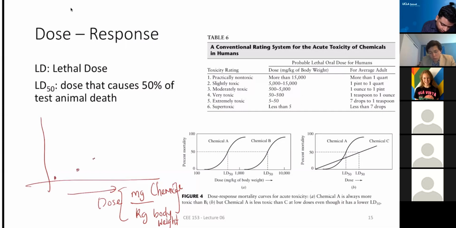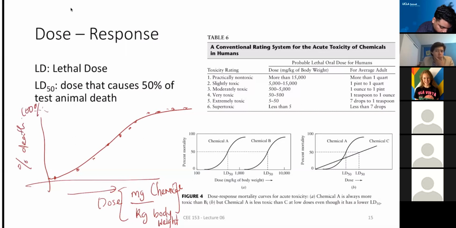As you increase the dose, a lot of times the percentage increases. After a point, even if you give more, it doesn't really matter because all of them die. So you'll see a plateau. This is percentage death. This is 100%. This is 0%.